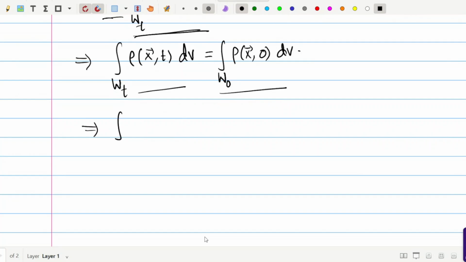So earlier, when you say fixed volume, that is the initial thing, that is at t equal to 0. So if you change variables, the left hand side integral becomes simply over W0. W0 is nothing but W only, at t equal to 0. Earlier we wrote Wt; now we are simply writing W0 just for clarity.